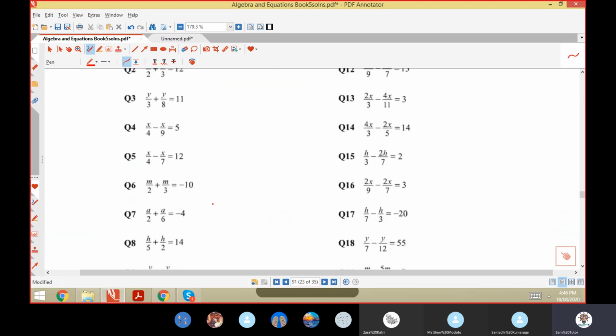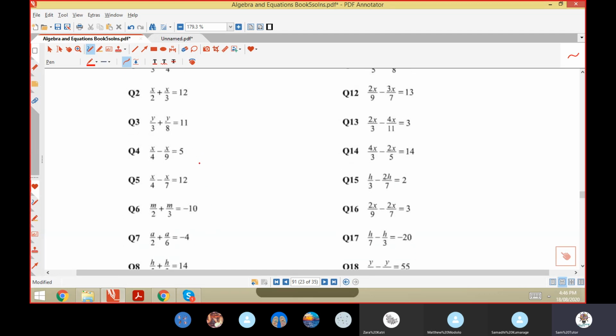Okay. All right, let's start with Maya. Tell me your first one. Question 3. So y on 3 plus y on 8 equals 11. We only want the first line. So it's going to be y times what? So it'll be 8y plus 3y equals 11 times the two denominators.